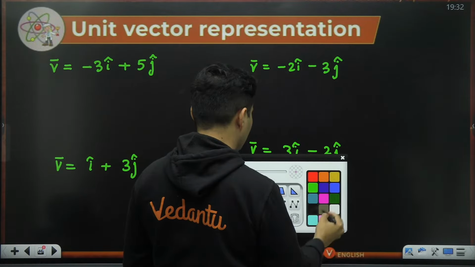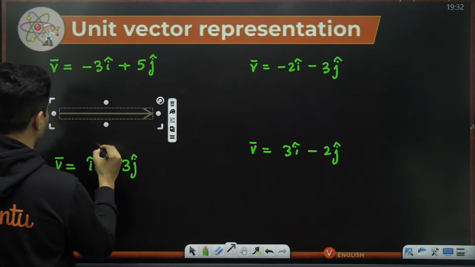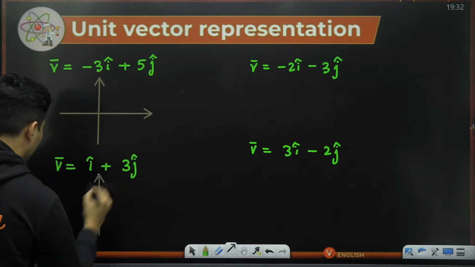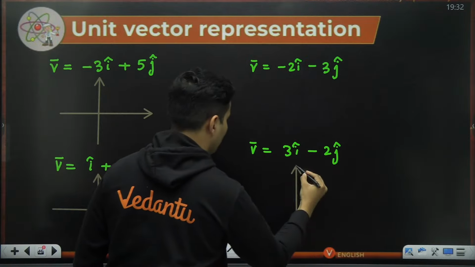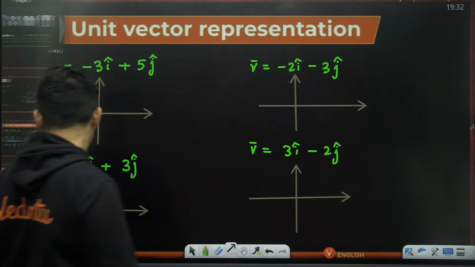How will these vectors basically look like in our xy diagram? So x, y, x, y. Okay, how will they basically look like?